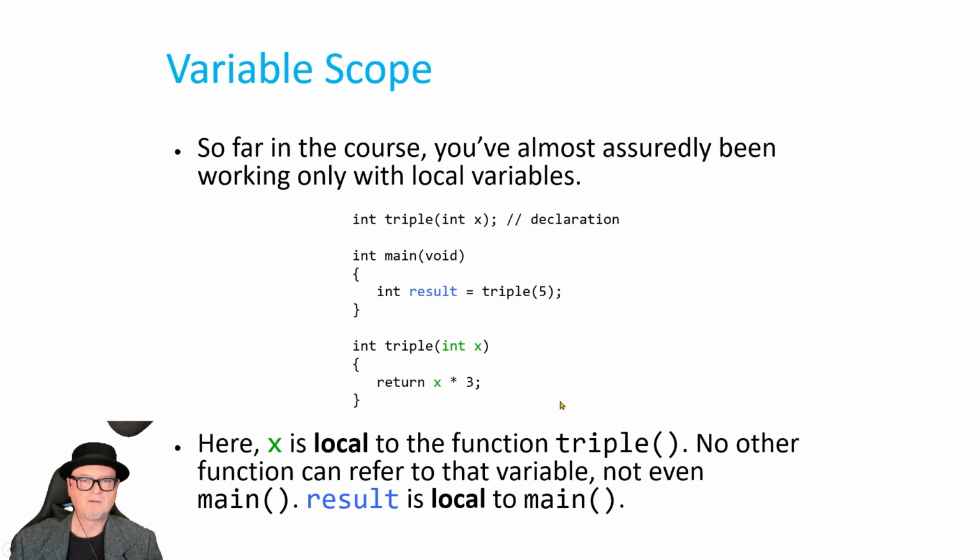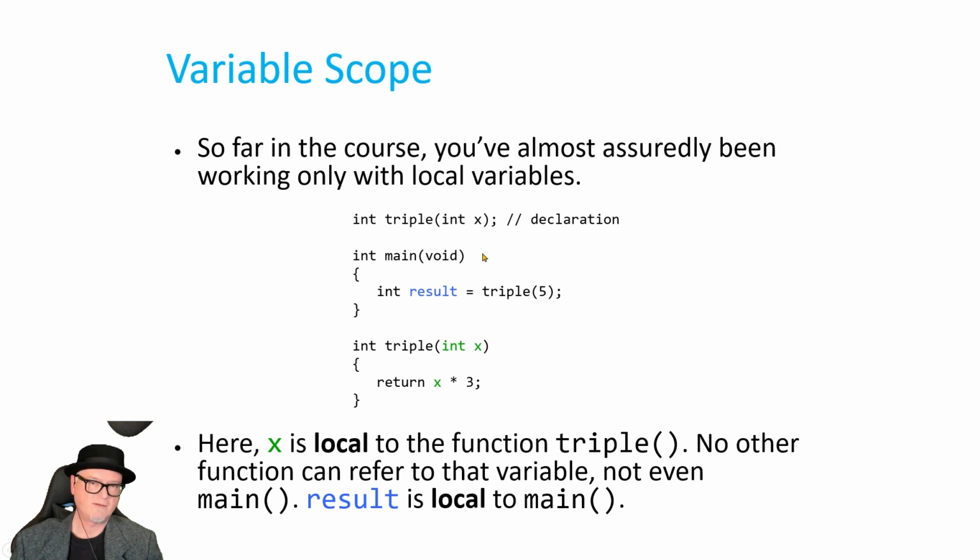Now, mostly up to now, we've only been using local variables. So, here an example of a local variable is result. It exists only within the scope of the function main, and so this is a local variable within the scope of the main function. The variable x, on the other hand, is local to the function triple.